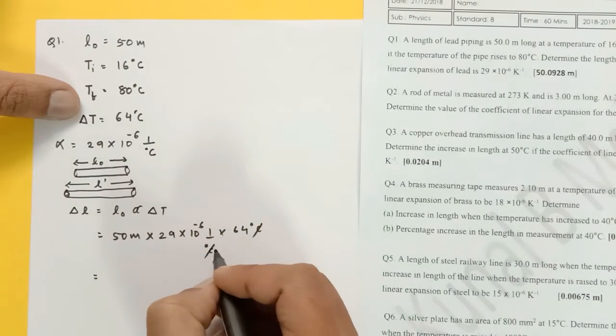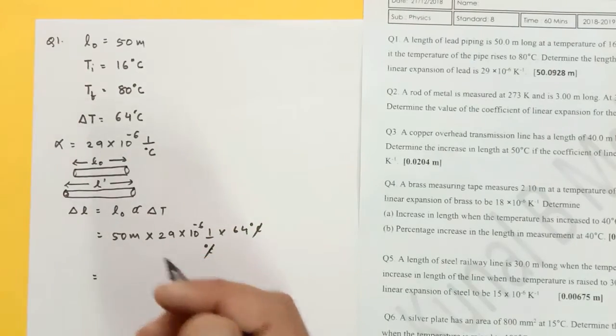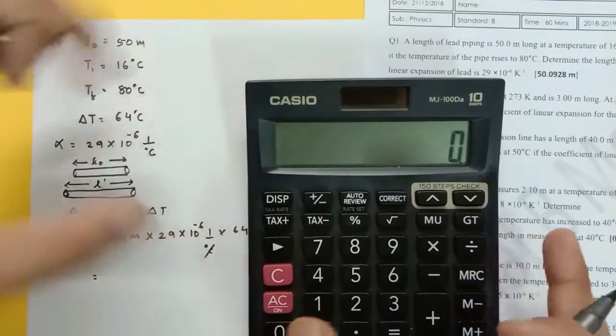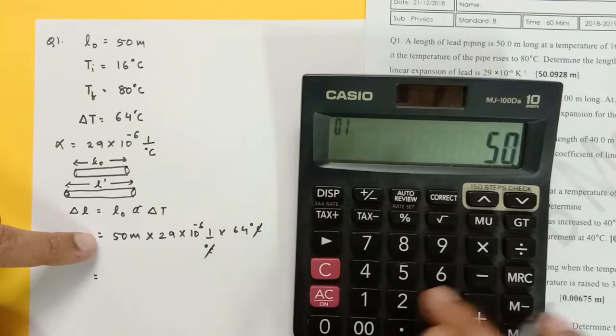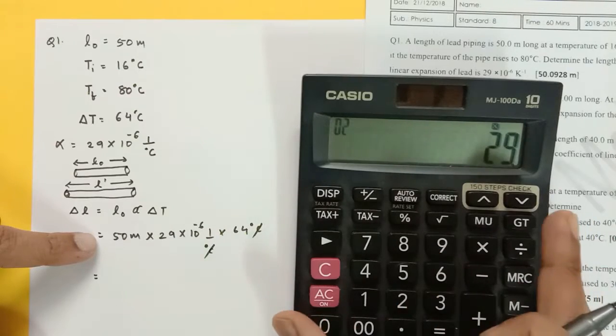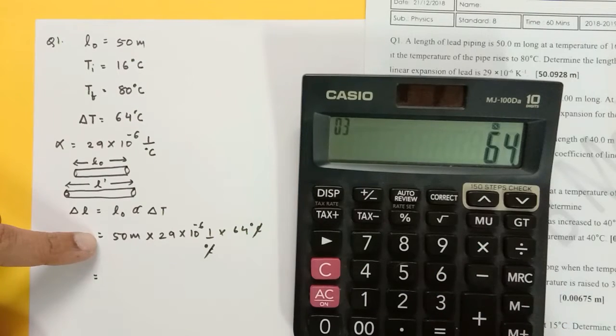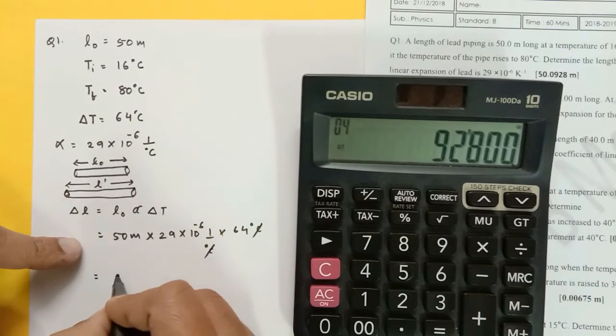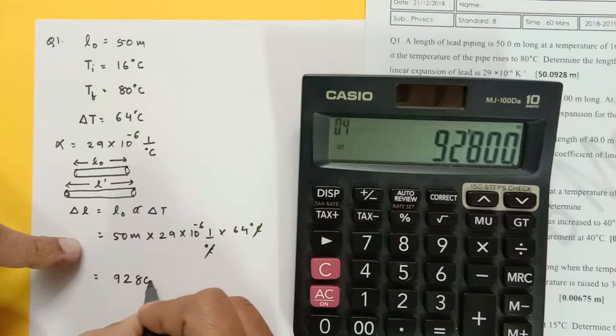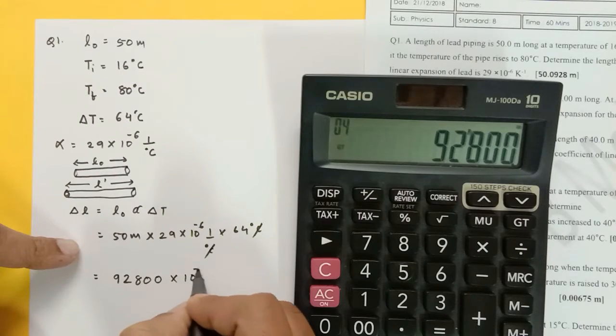So my final answer is going to come in meter. 50 multiplied by 29 multiplied by 64, that is given to us as 92800 into 10 raised to minus 6. Only the unit left is meter.